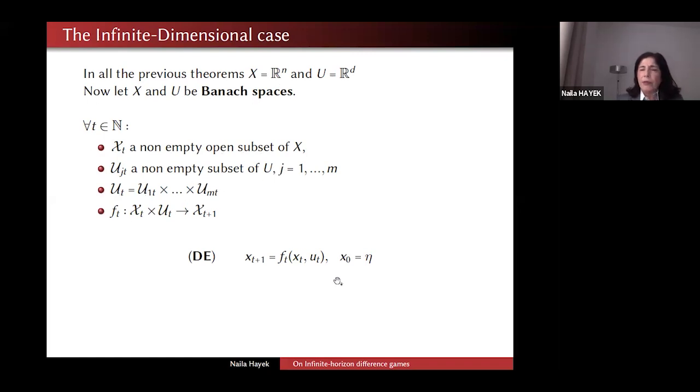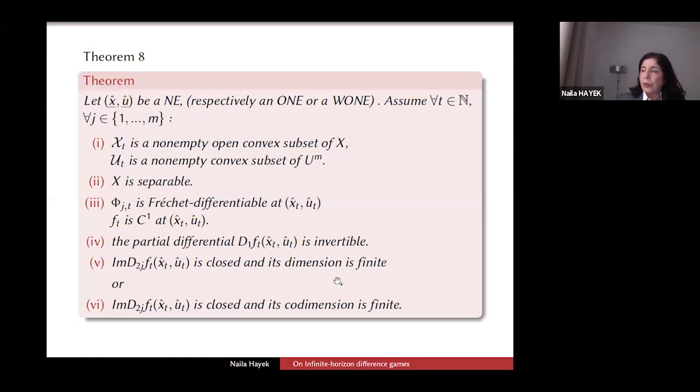I have a difference equation as in the problem. So the theorem is the following one. We have many theorems. I choose to put only this one. If (x hat, u hat) is a Nash equilibrium, respectively an overtaking Nash, a weak overtaking Nash, and assume that we have the following conditions: that X_t is a non-empty open convex subset of X, U_t non-empty convex of U, X separable, the phi_j,t Fréchet differentiable, F_t C1, till there nothing is so different.